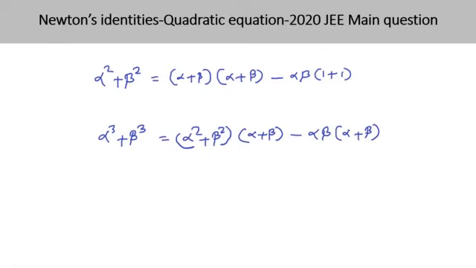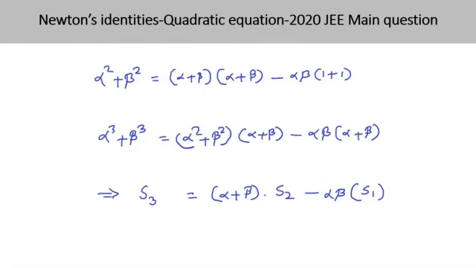So alpha cube plus beta cube will be alpha square plus beta square into alpha plus beta, minus alpha beta, if we take it common, into alpha plus beta. Now look closely: alpha cube plus beta cube is equal to S3 as per the definition, alpha square plus beta square is S2, and alpha plus beta is S1.